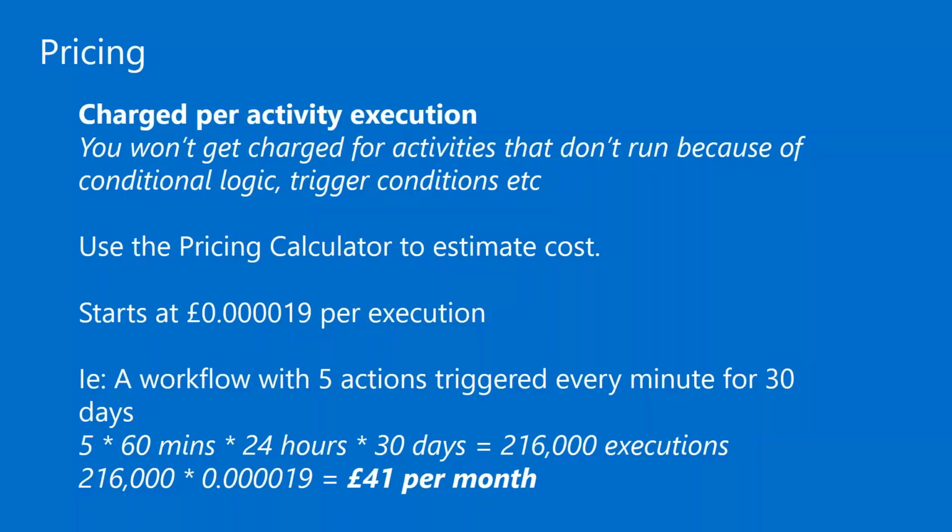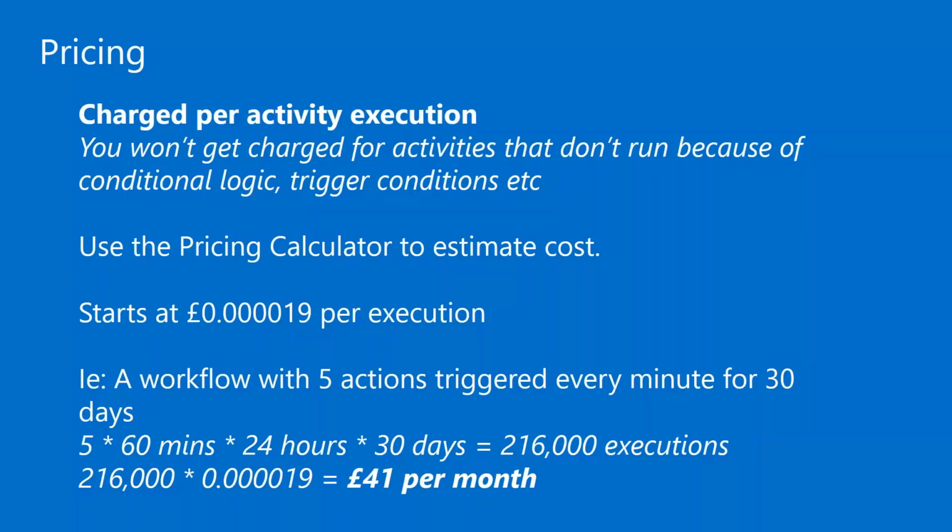Each block on my logic app will charge me that amount each time it runs. But if it doesn't get hit because I've made a decision to stop earlier, then I don't get charged for it. But conversely, if this suddenly went viral and I had thousands and thousands and thousands of hashtag #HiveVCs come up, then I'll pay for it.